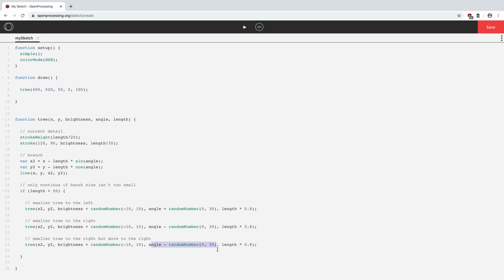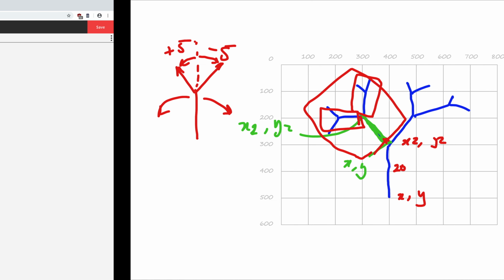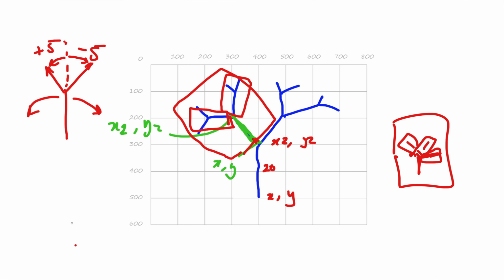So we might say, let's say 20 to 50. Let's draw a picture of what that means. So line, that's the end of the line, and then we've got angle, which could be going to the left. So 0 to 30.